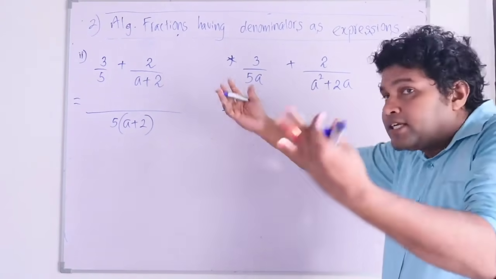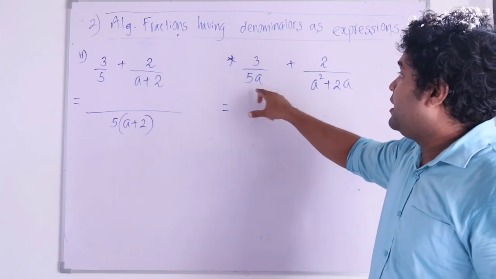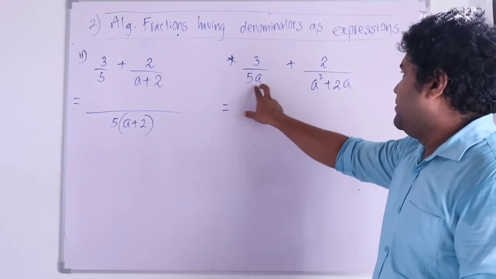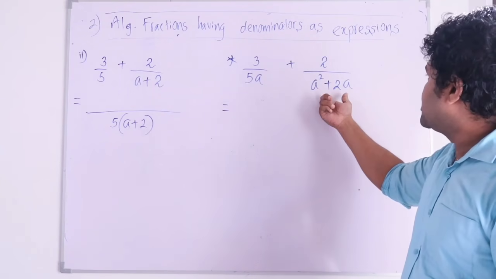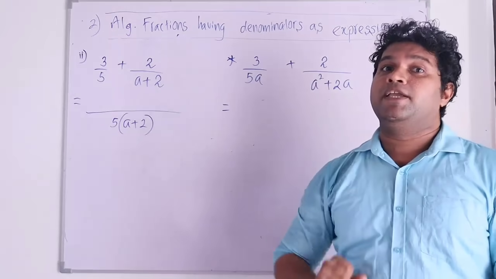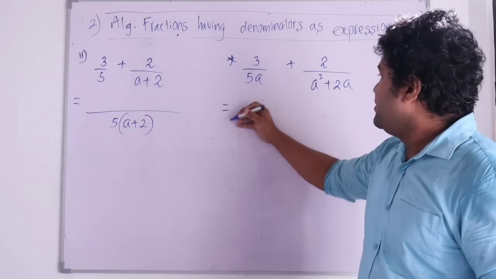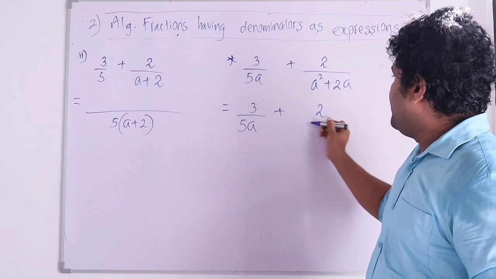When we have factorable denominators, looking at 5a, 5 and a are two factors living together, but a square and 2a is also a factorable expression, therefore you cannot start this question yet. Then we have to do a small change at the denominator before you start.